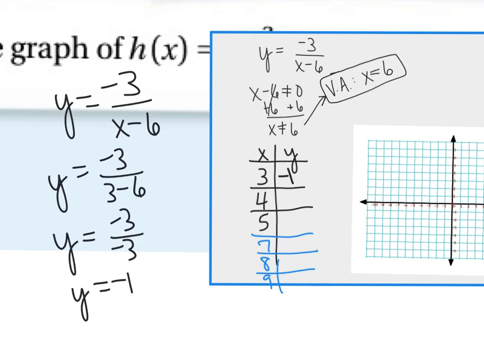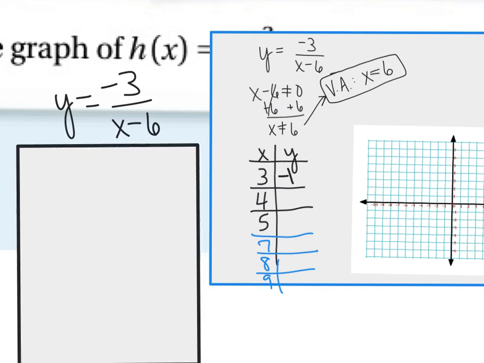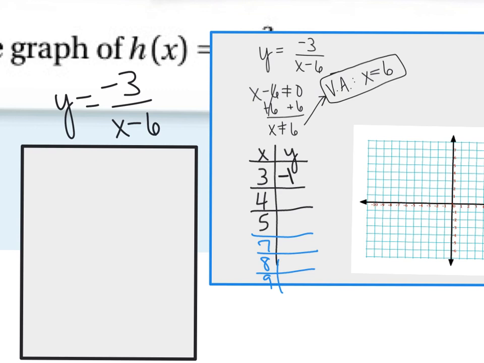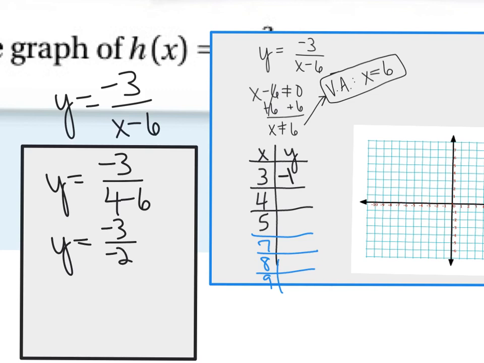And then I'm just going to redo this part. So if you put a 4 in, that'd be negative 3 over negative 2. We know negative divided by negative is going to be a positive, so that would be a positive 3/2 or 1 1/2.